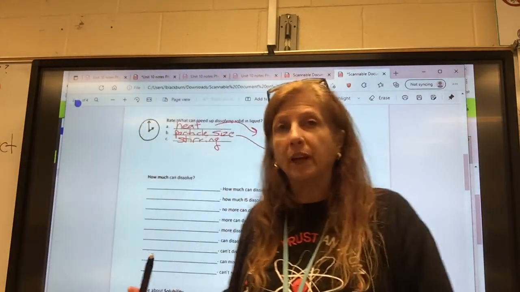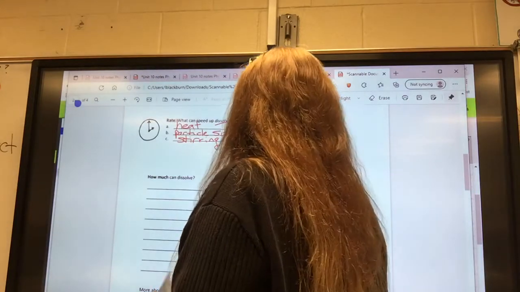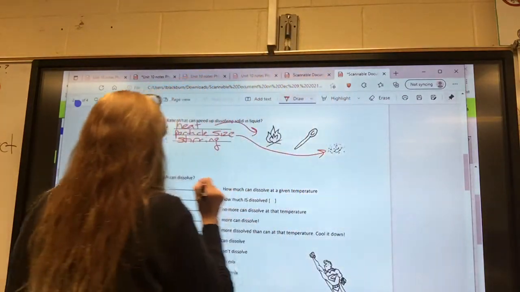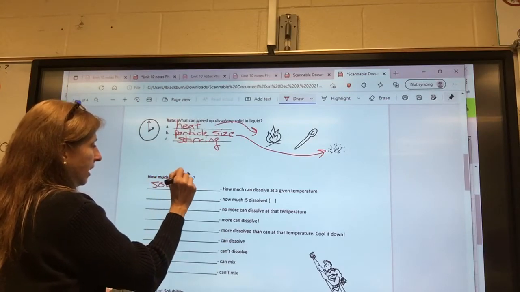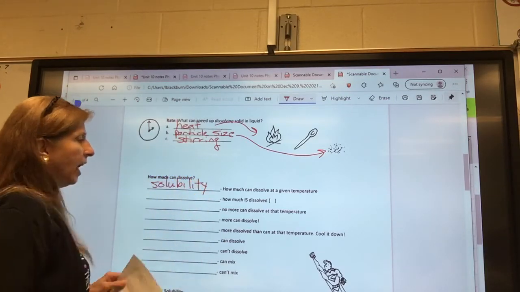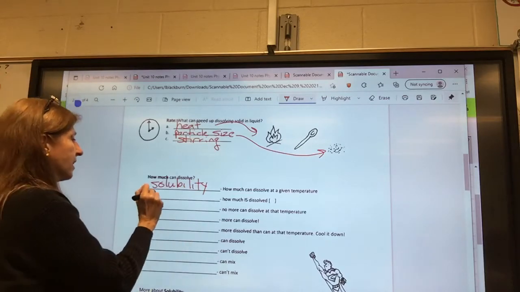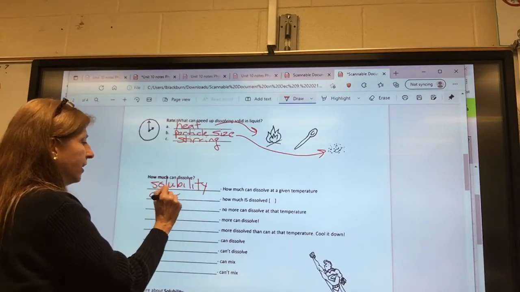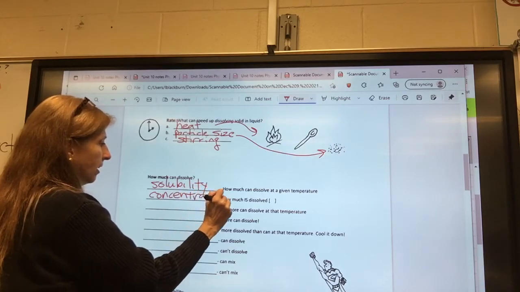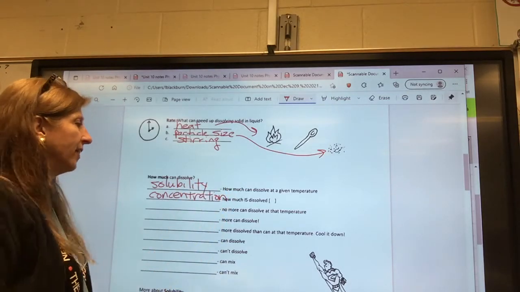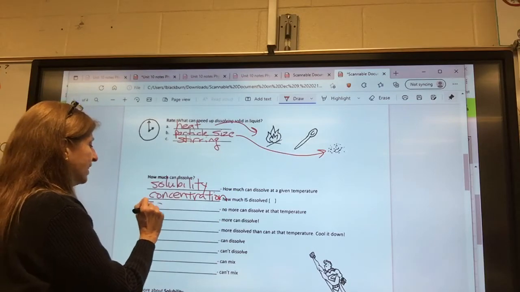This is vocabulary. How much can dissolve at a given temperature is called the solubility. How much is dissolved is the concentration. I bet you already knew that from prior knowledge. If no more can dissolve at that temperature, it's called saturated.